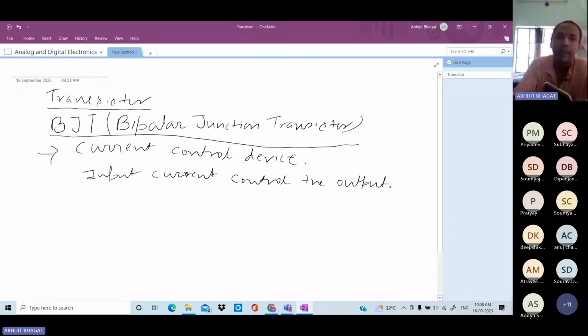Now you have the question that current is controlling the output. When there is a current, there is also some voltage. Then why is it current control? Why is it not a voltage control device? You know the linear device and non-linear device? Yes, no? Linear device and non-linear device.